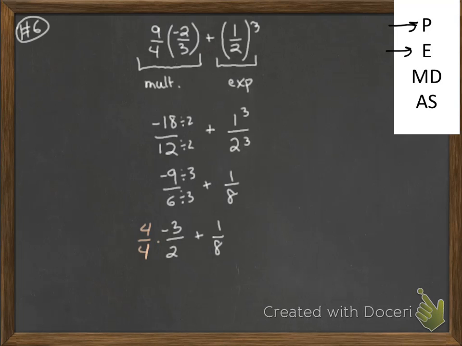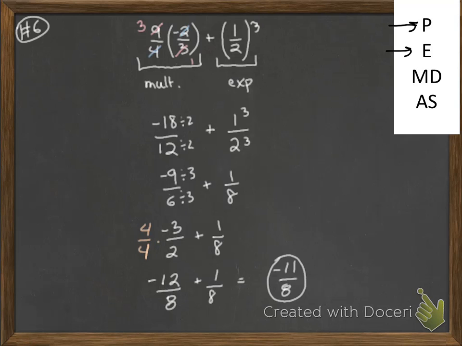So 4 times negative 3 is negative 12 over 8 plus 1 over 8. We add across, we get negative 11 over 8. And just to remind you guys, if you wanted to do it a different way, another way to do it would be to reduce here. So 9 divided by 3 is 3 over 1.